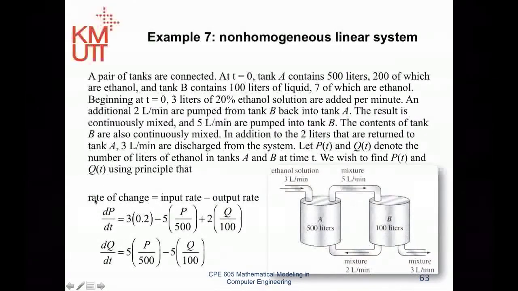So the change of the first tank's solution, I forgot to mention that P and Q denote the number of liters of ethanol in tank A and B at time t.